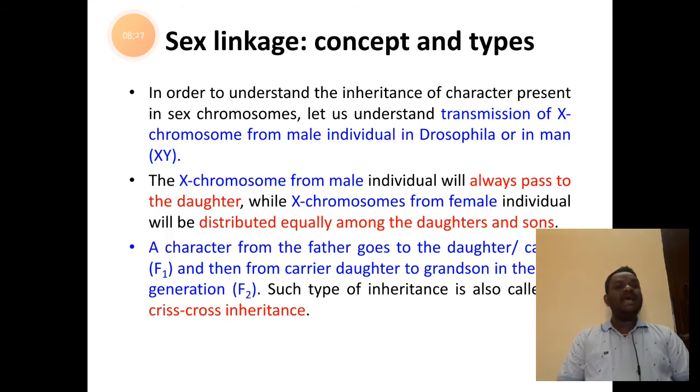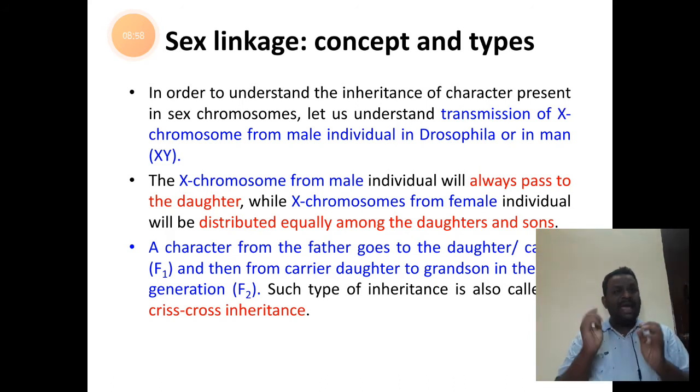So to understand the inheritance pattern of the transmission of the X chromosome from a male individual in Drosophila or in man, which has chromosomal sex determination of XY type: the X chromosome of every man is contributed by their mother and the Y chromosome is from their father.